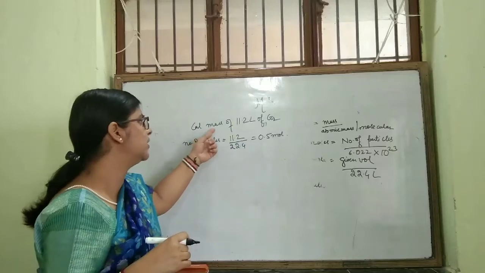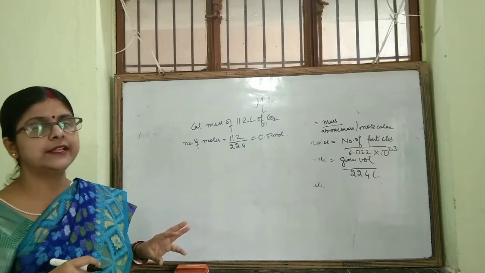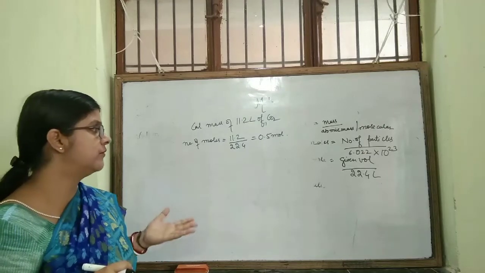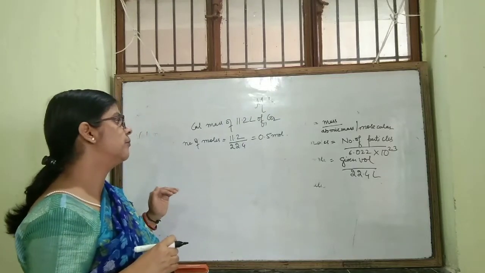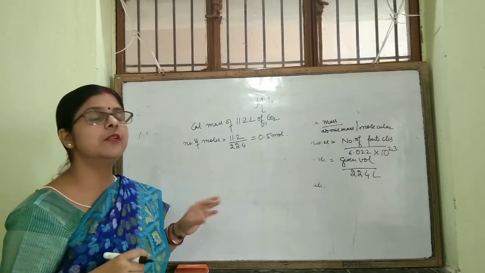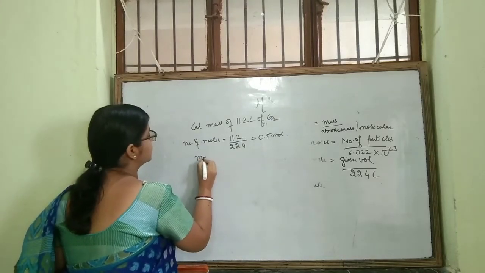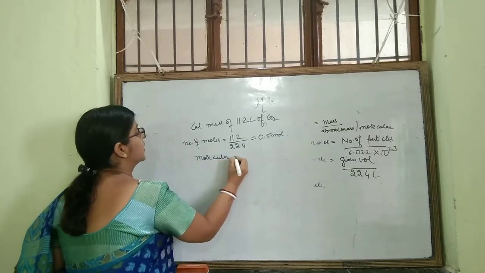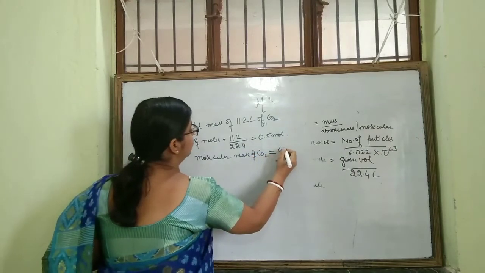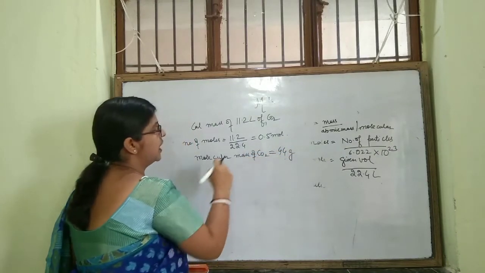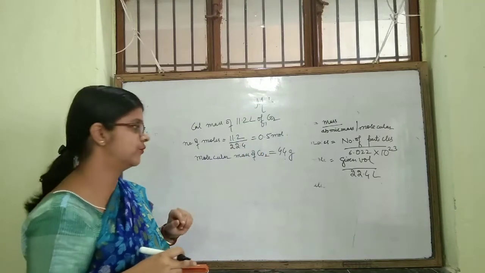Now you are asked to find out the mass. So mass of 0.5 mole: first of all, we will have to find out the molecular mass of carbon dioxide. Molecular mass of carbon dioxide will be equal to 44 gram: carbon 12 and 2 into 16, 12 plus 32 is equal to 44 gram.